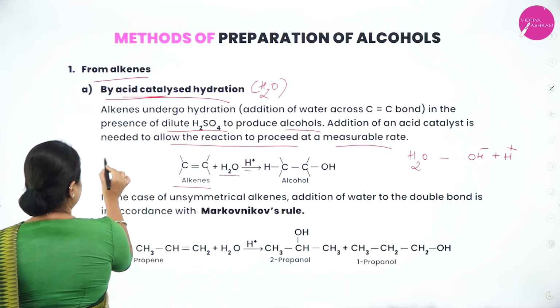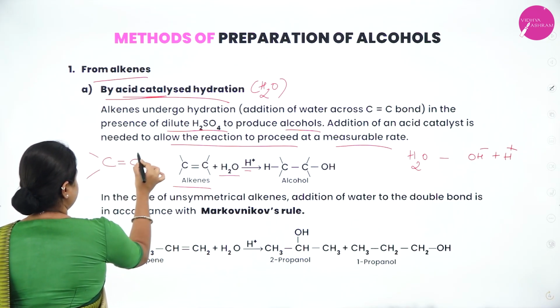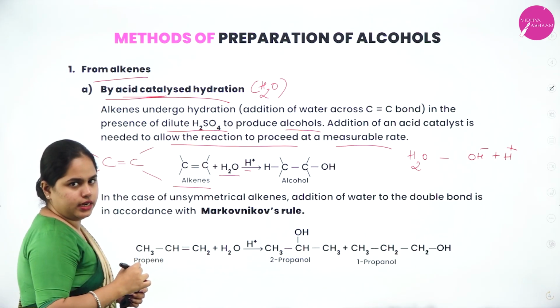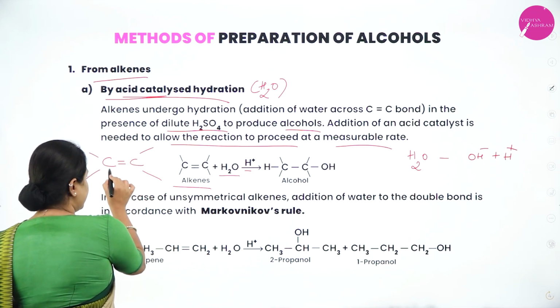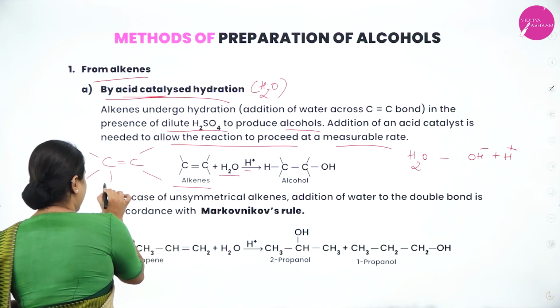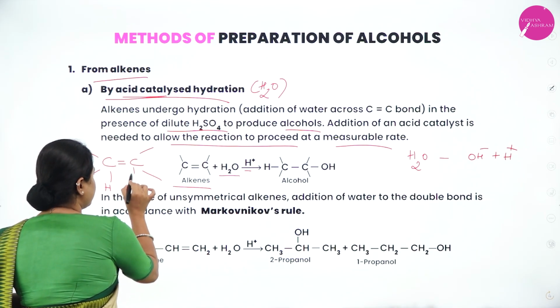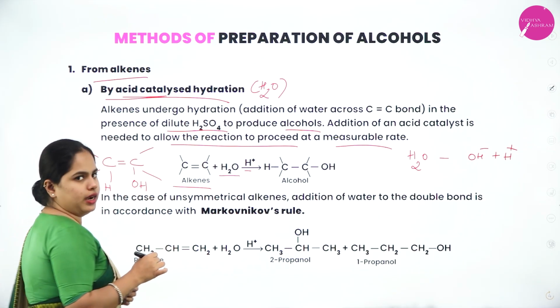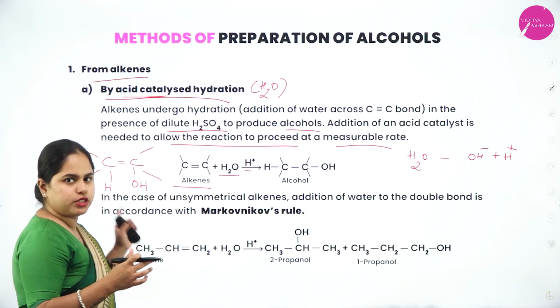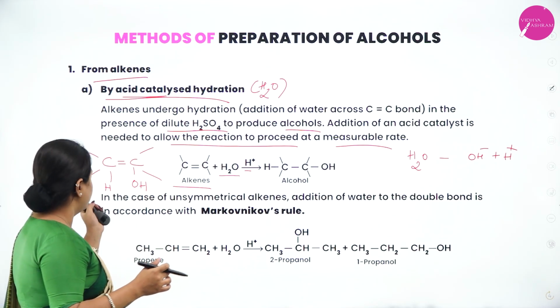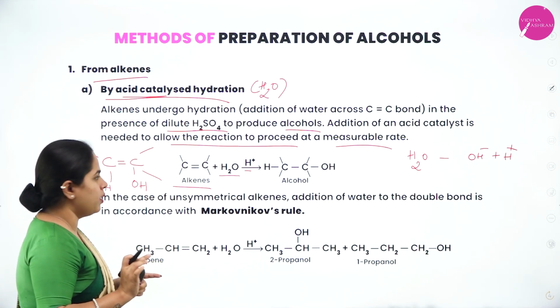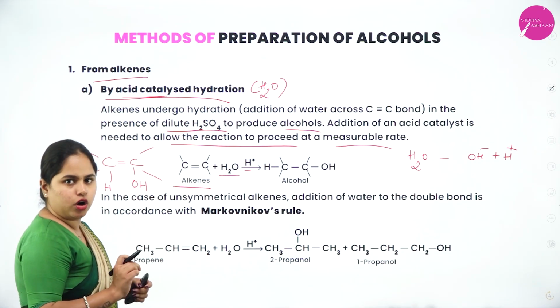As you can see, C double bond C, with other bonds. When water is added, to one carbon atom hydrogen is attached, to the other carbon atom OH is attached. The water is split into hydrogen and hydroxyl, which gives you the product. From here, your alcohol is formed.